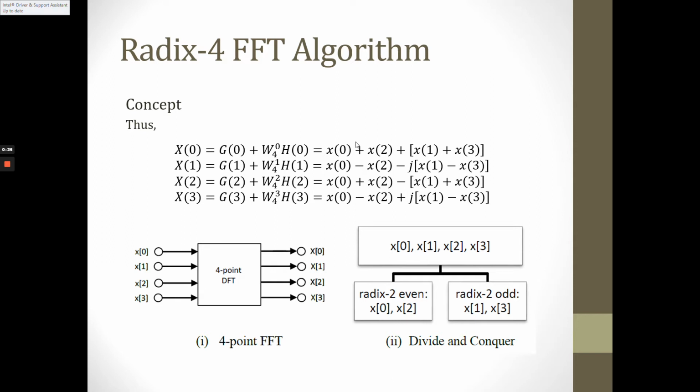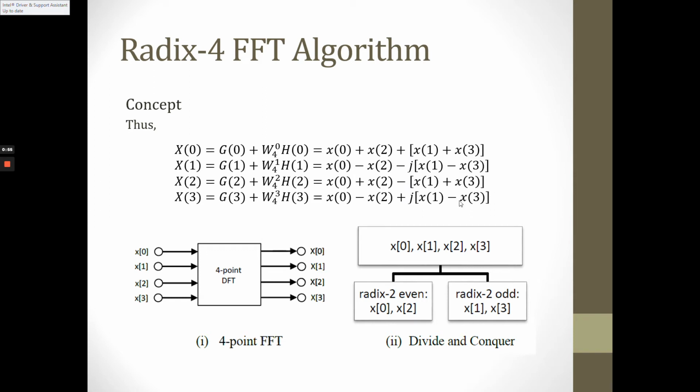For the even function, we note that this alternates between positive and negative, based on the wk function. This is positive 1, this is negative j, this is negative 1, and this is positive j.